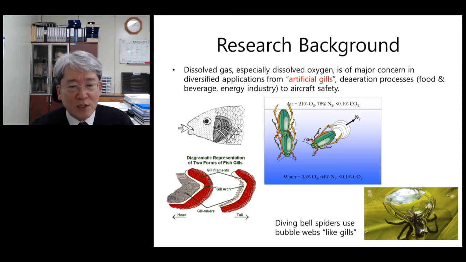Another related issue is the oxygen concentration of the extracted dissolved gas mixture, which is believed to be about 34% as shown in the figure, which is higher than the normal atmosphere.